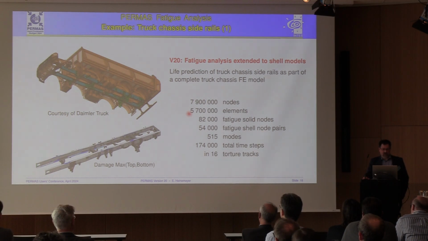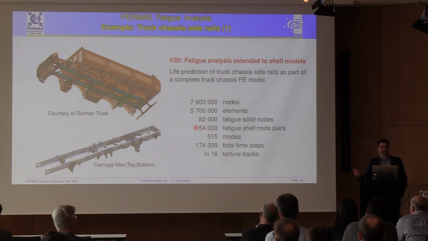And you see we have about 82,000 fatigue solid nodes, which are for these springbok down here. And then we furthermore have about 54,000 fatigue shell node pairs, but you have to double this number because we have to do an analysis for the lower and for the upper part of the shell.